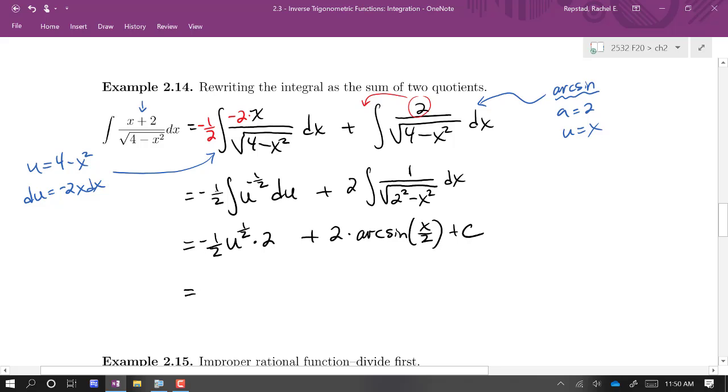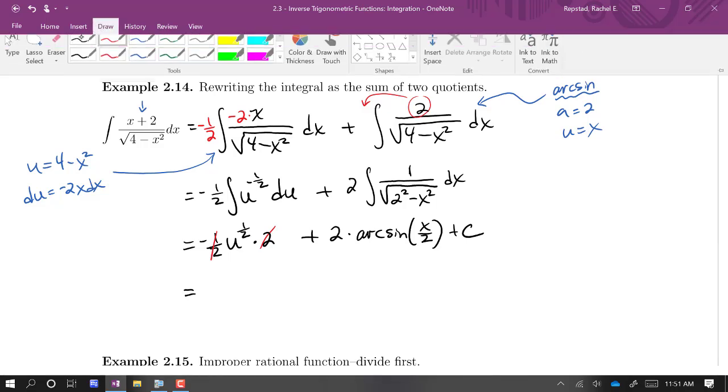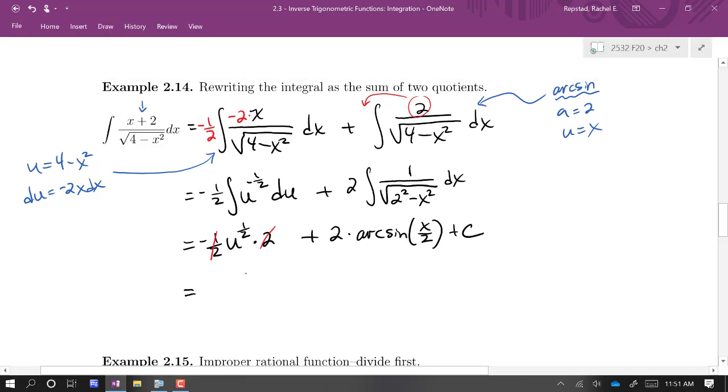I'm going to simplify and throw the expression back in with x's for u. So I'm going to cancel these 2's here. So I got negative square root of 4 minus x squared plus 2 arcsine of x over 2 plus a constant.